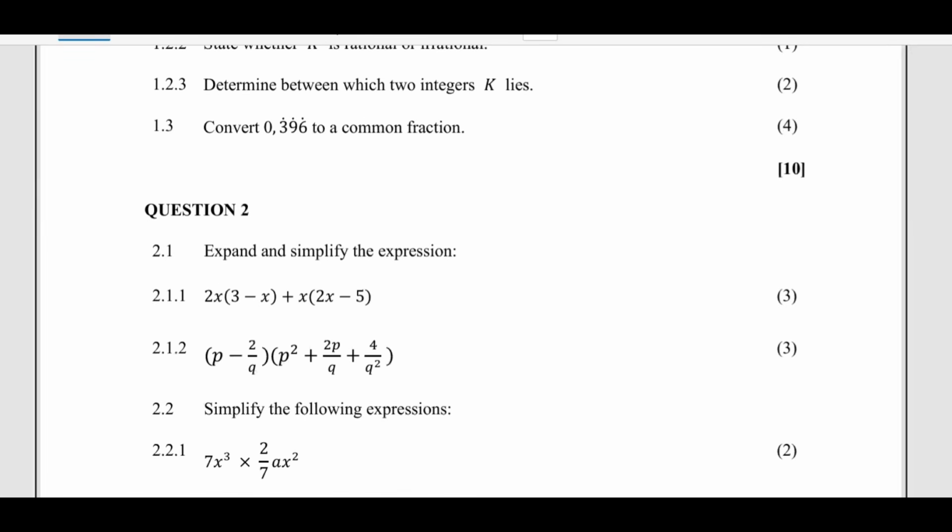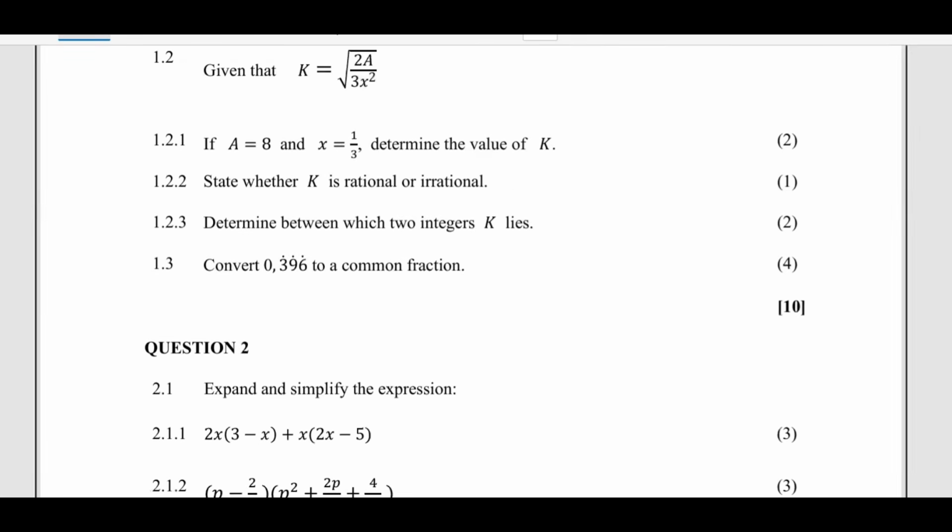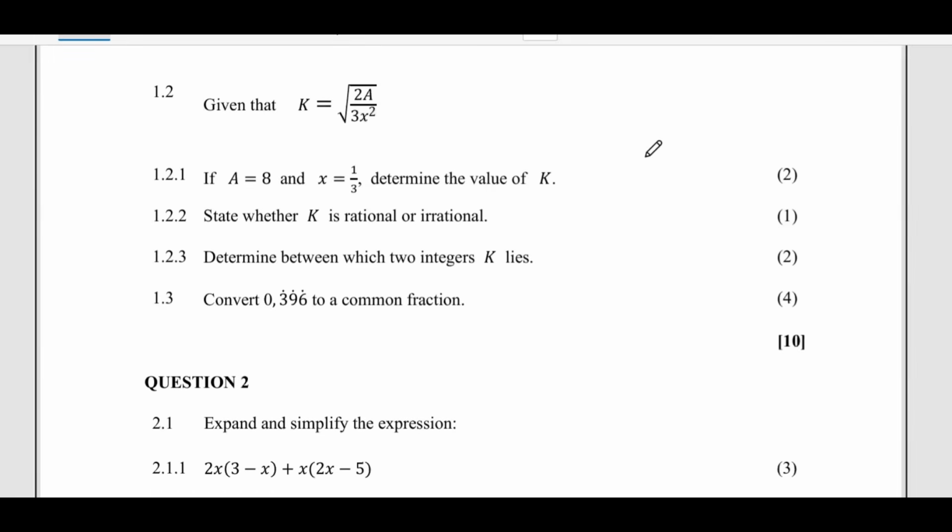And then 1.2, they're telling us that k is the square root of everything here, and our a is 8, x is 1 over 3. They want us to get the value of k. So just substitute, guys. 2 times 8 over 3 times 1 over 3 squared.